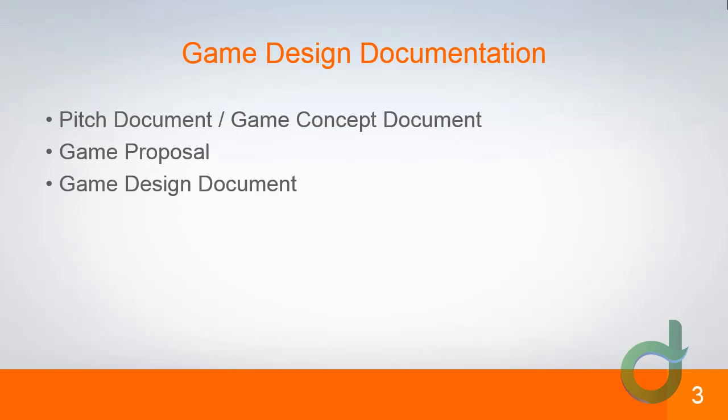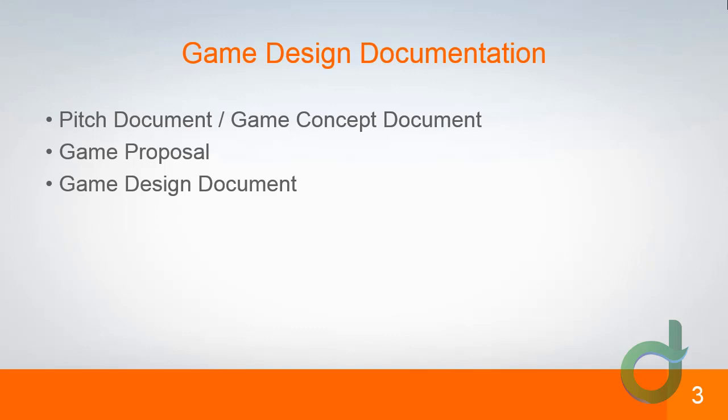There are three main types of document. The first is a pitch document or a game concept document. That's a very brief document in which you explain your idea, relying heavily on images.